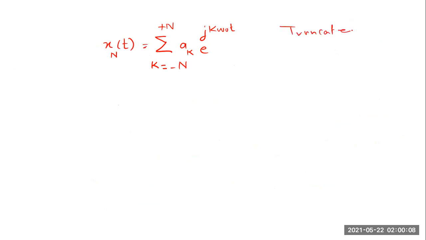In other words, rather than taking infinite terms, let's assume that we only consider the terms from minus N to plus N. I call this the truncated Fourier series, and I'm going to represent this by x sub N.